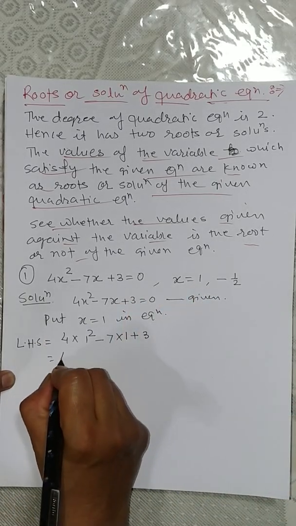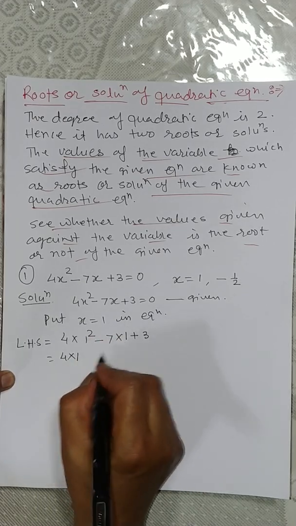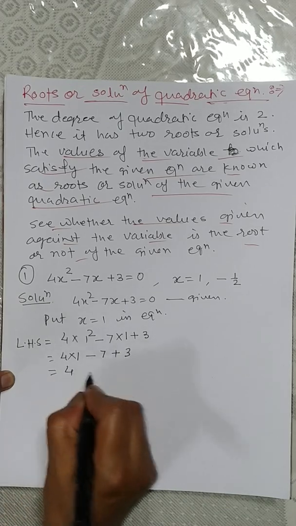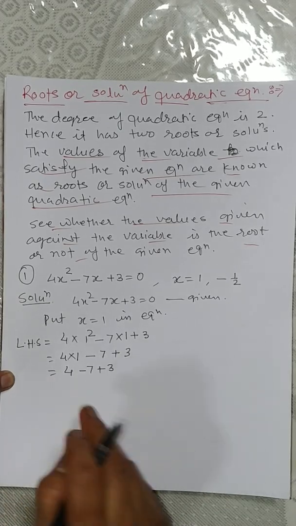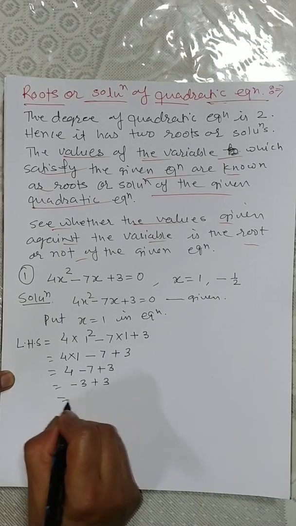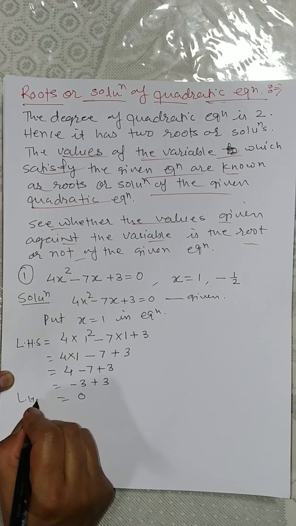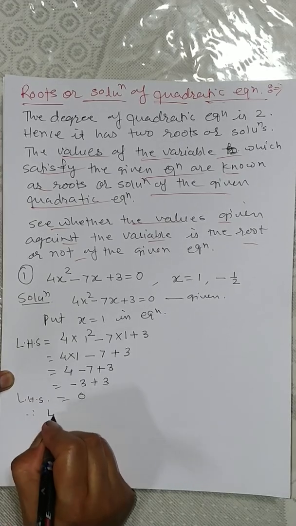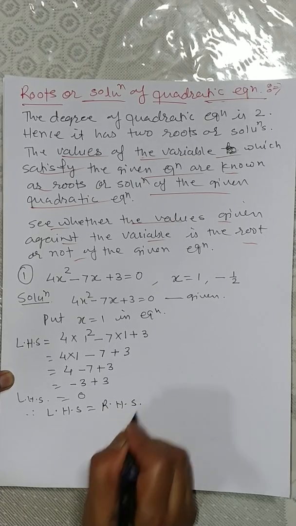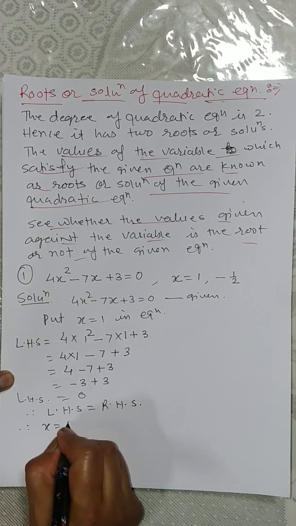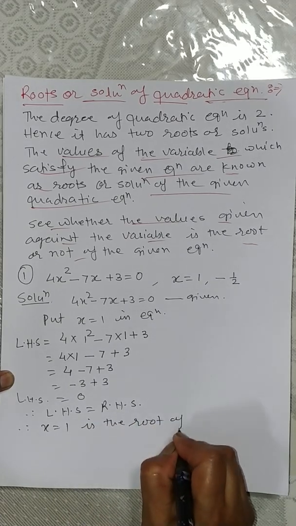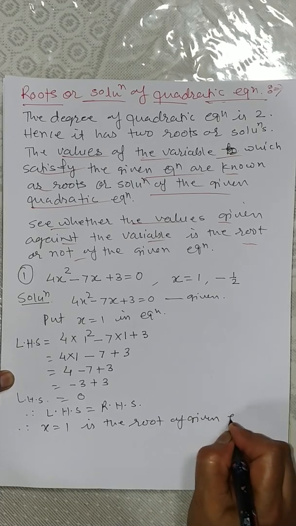So it is 4 into 1 minus 7 plus 3. 4 ones are 4, minus 7 plus 3. 4 minus 7 is minus 3 plus 3. So we get 0. Left hand side is 0, and therefore left hand side is equal to right hand side, and therefore x is equal to 1 is the root of the given equation.